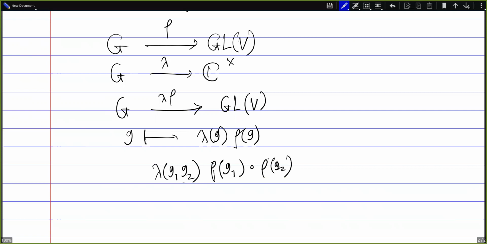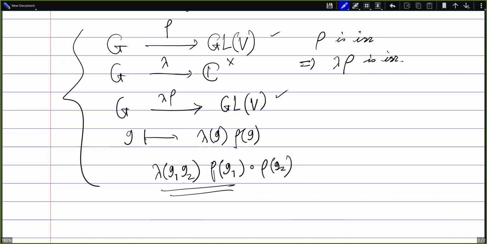So therefore any representation multiplied by a one-dimensional representation is also a representation of the same dimension. And it is also easy to see that rho irreducible implies lambda rho is irreducible. Okay, this is a very general observation.